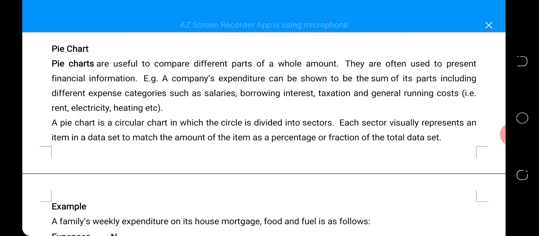A pie chart is a circular chart in which the circle is divided into sectors. Each sector visually represents an item in the data to match the amount of the item as a percentage or fraction of the total data set.